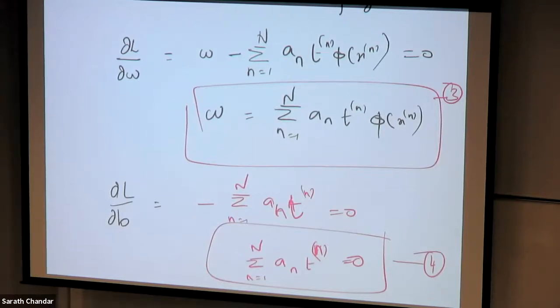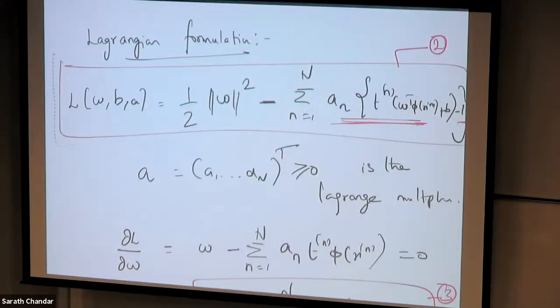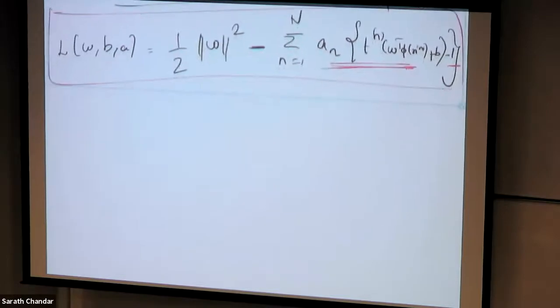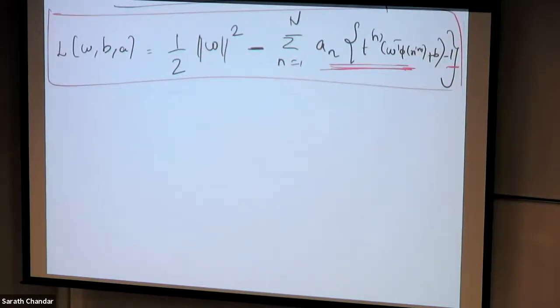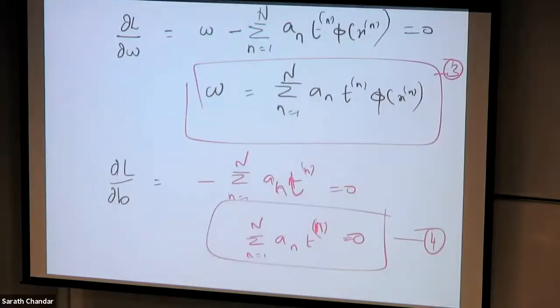Simple. Now I'm going to substitute these two things into my previous equation. Let me copy this equation. Now, I'm going to substitute the value of W. We know that W is given by this summation, summation An Tn phi of Xn.